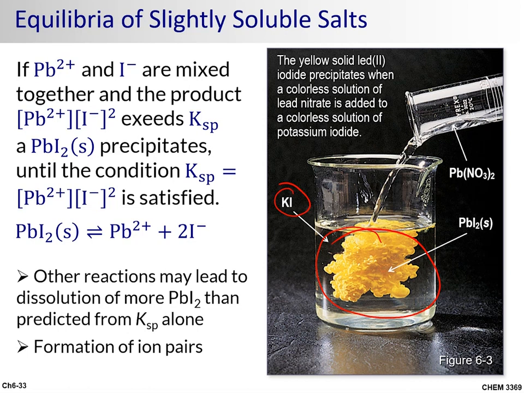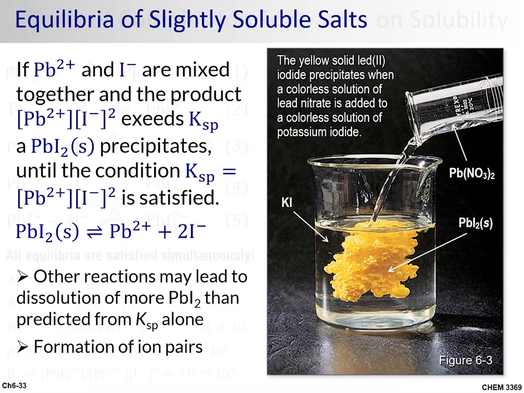But this 1/3 of calcium ions does not function as individual ions. They are paired with the sulfate. So the concentration of calcium ions that you would calculate from the simple dissolution equilibrium would be quite different from the actual concentration of calcium ions in the solution because of the formation of these ion pairs.